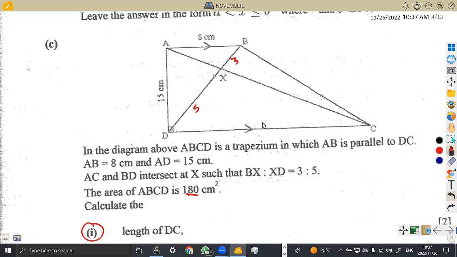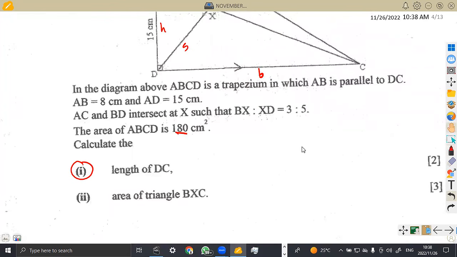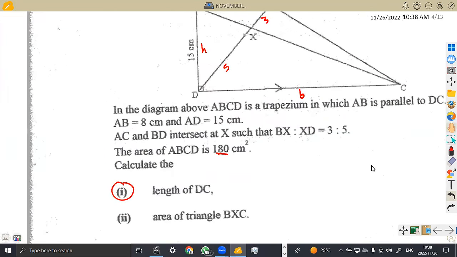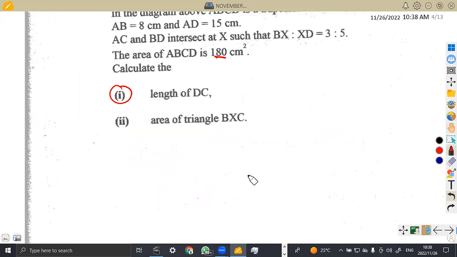DC is one of the parallel sides, because we know that AB and DC are parallel. So I'm just going to refer to them as a and b, the parallel sides, and this one is the perpendicular height. So we can work out from the area of the trapezium to calculate the length of DC, since we are given the area.